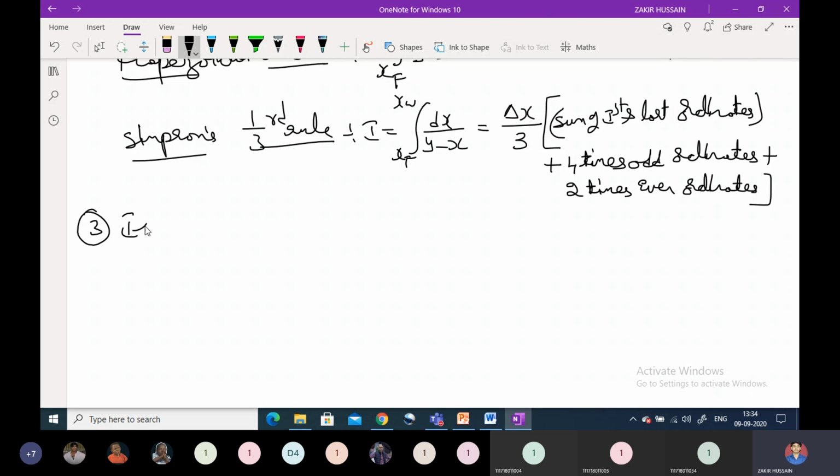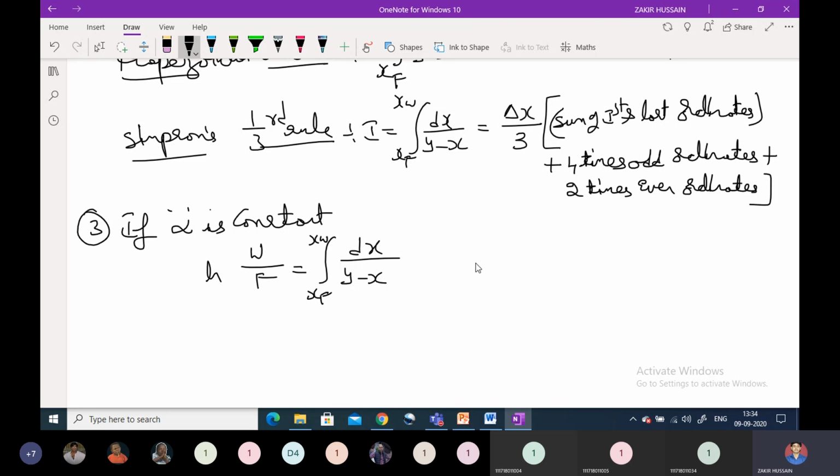The third method is, if the relative volatility alpha is constant, we can directly integrate this. We already know the Rayleigh's equation is ln w by f is equal to the integral from xf to xw of dx by y minus x.